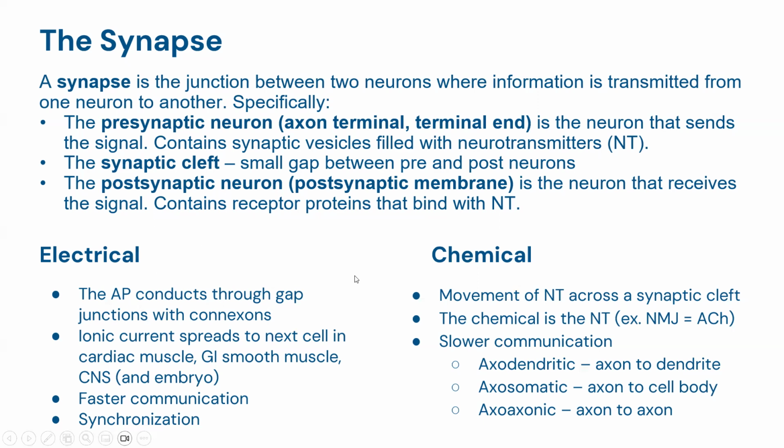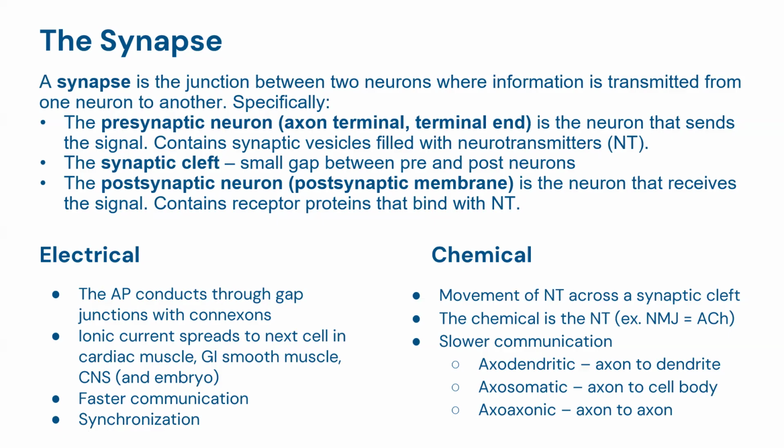So we have a couple different types of synapses based on the type of signal. For electrical, our action potential is going to travel through a gap junction. The best example of this is our cardiac muscle. We have those intercalated discs that are our specialized gap junctions, and this allows really fast communication and synchronization so that our heart muscle is not beating all in random spots. It's all beating together.